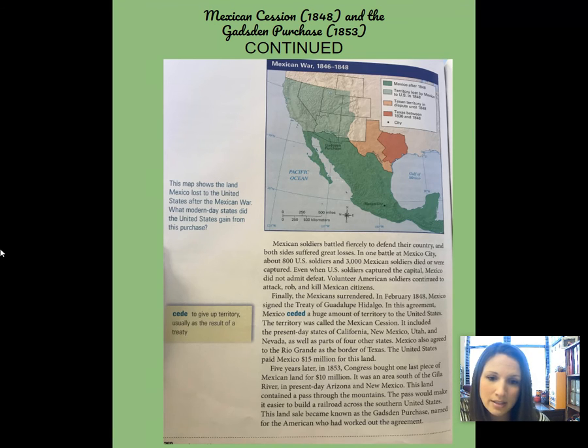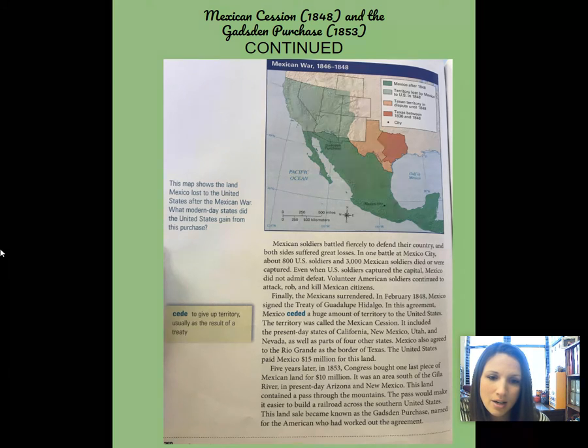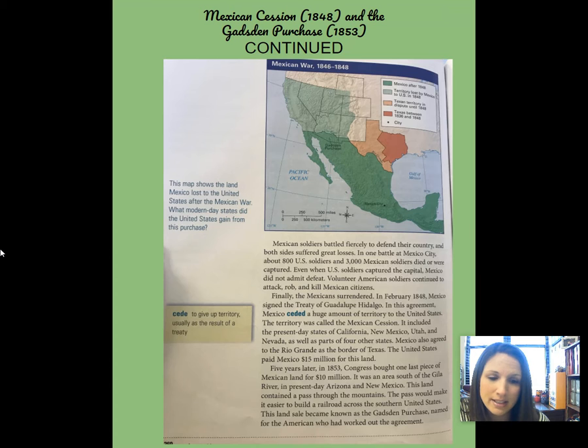In the agreement, Mexico ceded a huge amount of territory to the United States. The territory was called the Mexican Cession. It included the present-day states of California, New Mexico, Utah, and Nevada, as well as parts of 4 other states. Mexico also agreed to the Rio Grande as the border of Texas.